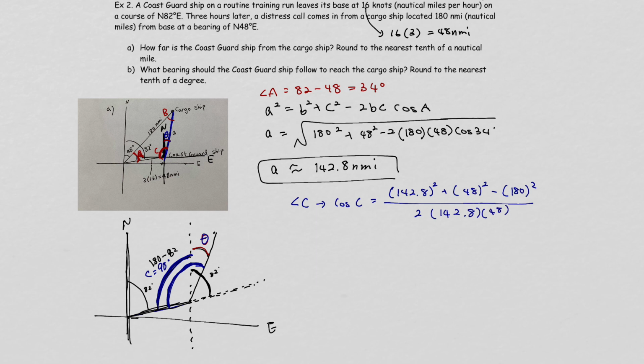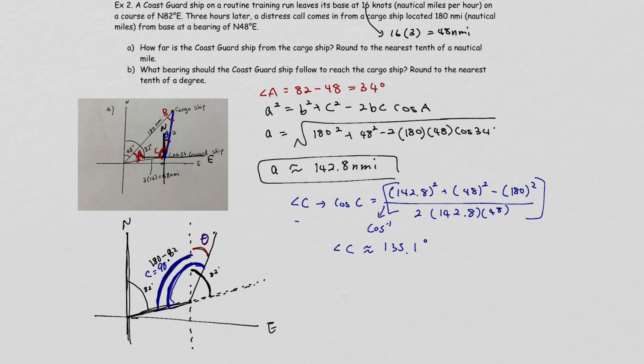In order to find the angle, you're going to place that into cosine inverse to find angle C, cosine inverse of all that. That will give you 135.1 degrees.